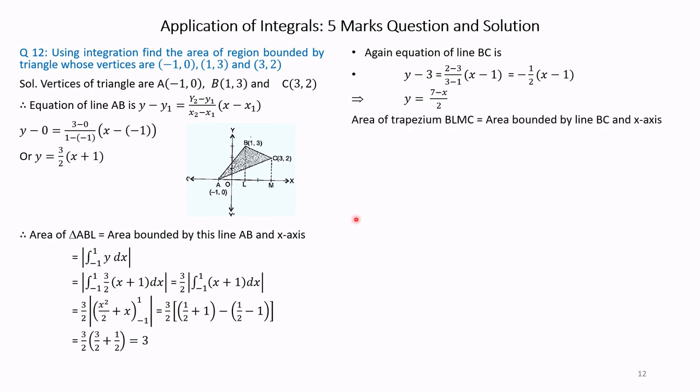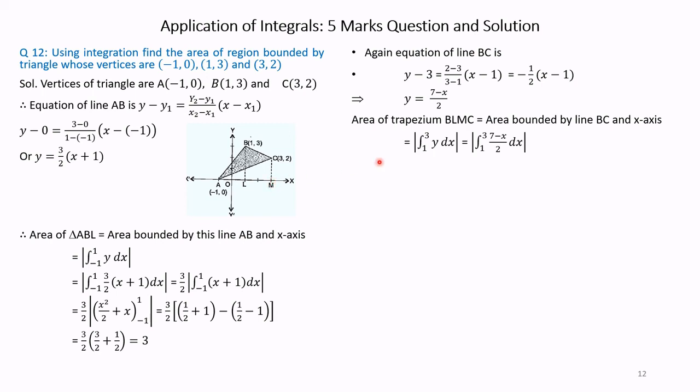Therefore, area of trapezium BLMC. First, we will find out the area of trapezium BLMC, which is equal to the area bounded by the line BC and x-axis. Therefore, that is equal to mod of integral 1 to 3. See, this is varying. L is at x equals 1, and M is at x equals 3.